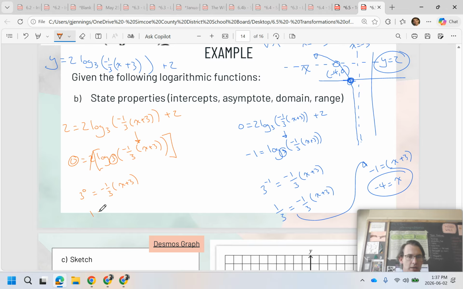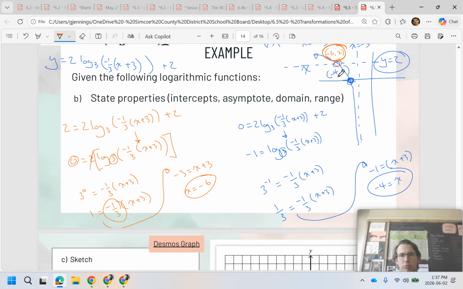So 1 is equal to -1/3 times x plus 3. Divide both sides by -1/3 gives you 1 divided by -1/3 gives you -3 equals x plus 3. And that makes x equal to -6. So there you have it. This point here is the point -6, 2.